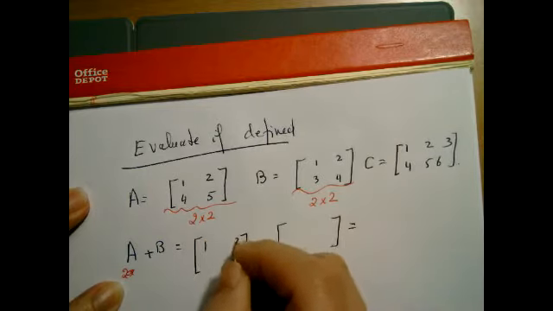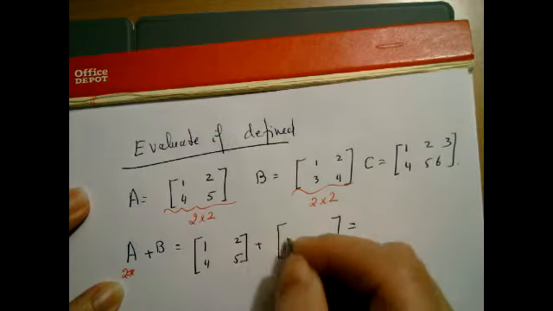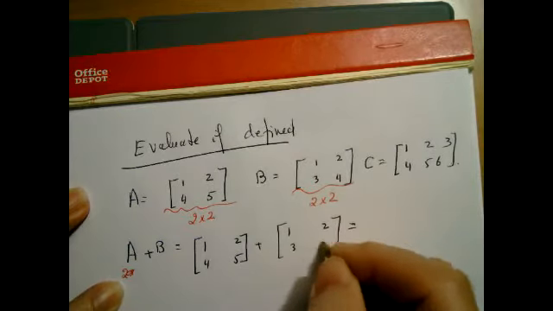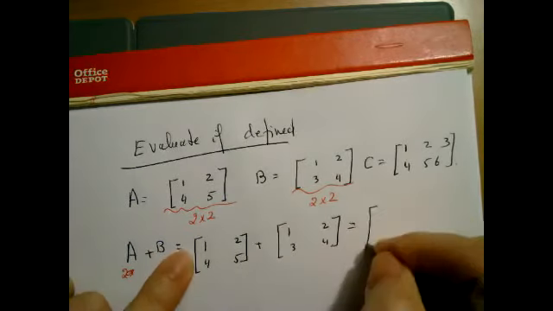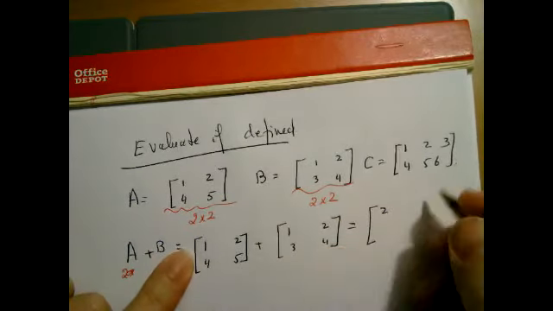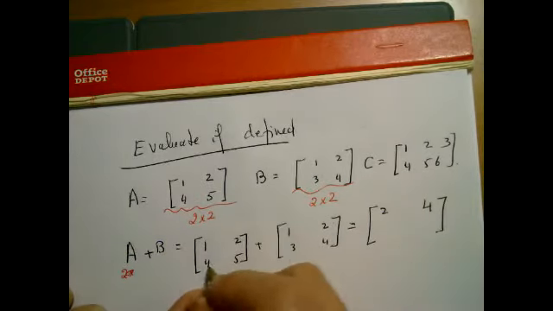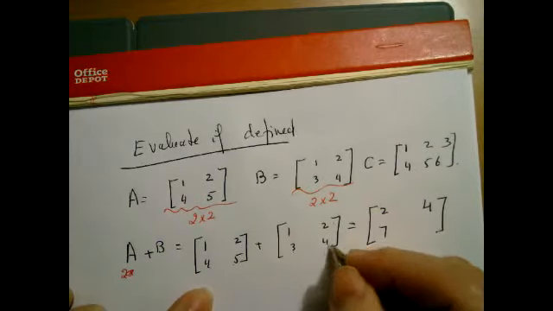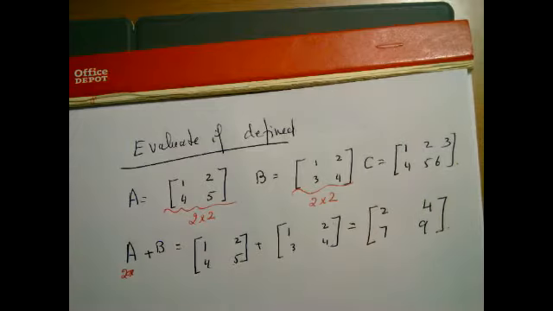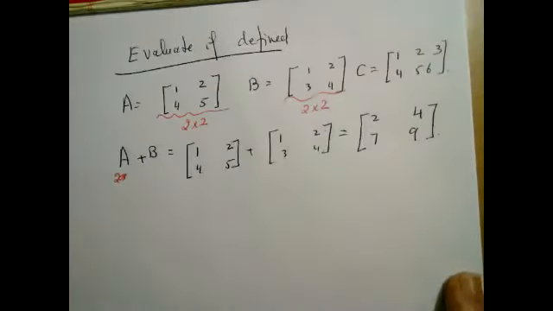Adding them means we add term by term. Term by term means 1 plus 1, 2, 2 plus 2, 4, 4 plus 3, 7, 5 plus 4, 9. That's what it means to add two matrices.